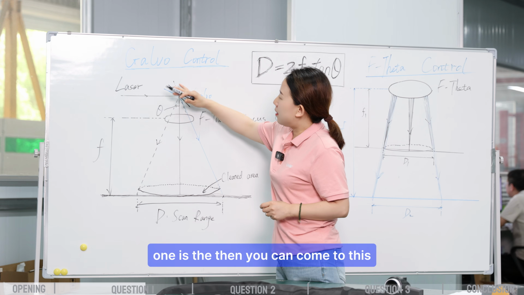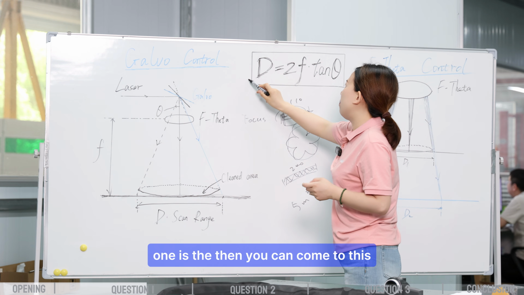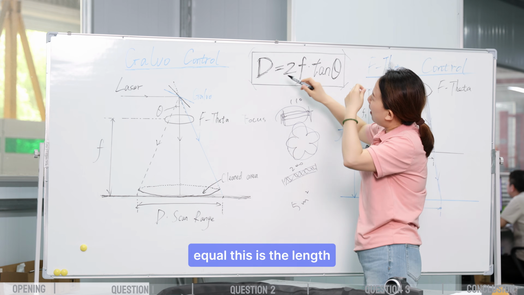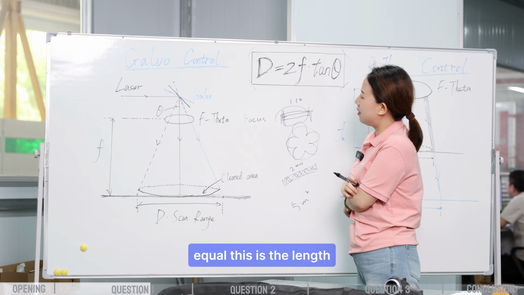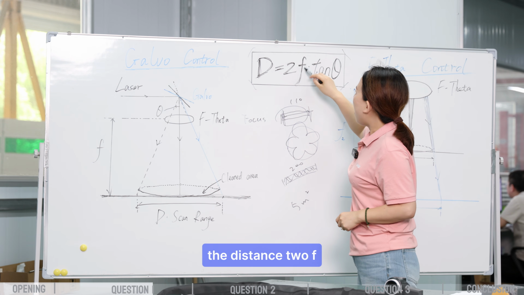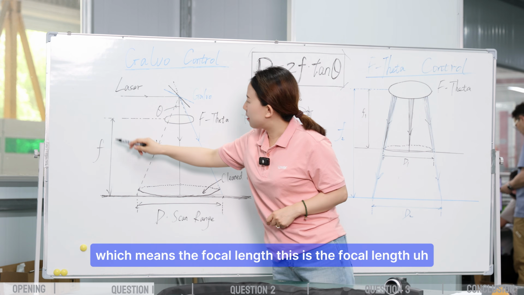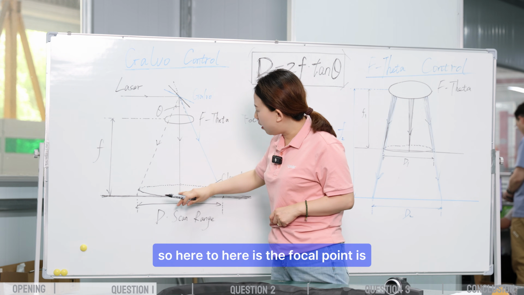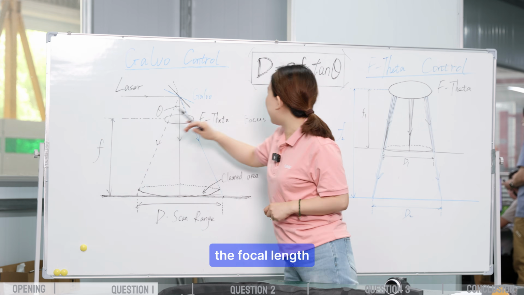One is this equation: the distance to F, which means the focal length. This is the focus length, from here to here, the focal point is the focal length.